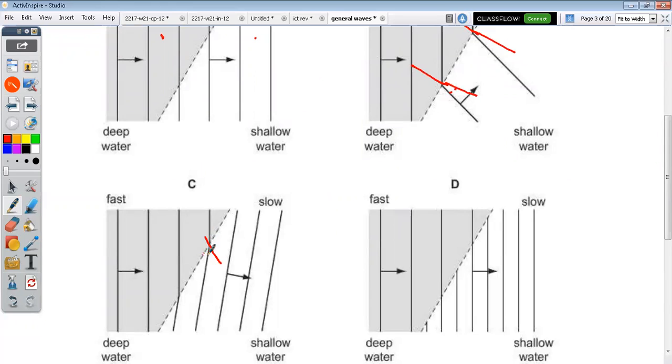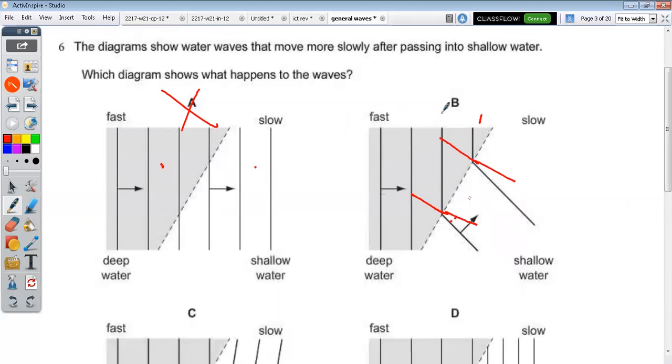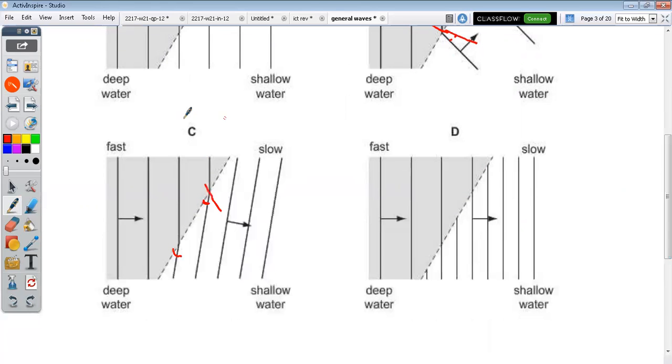This happens if I'm moving from slow to what? To fast. Because then the angle of refraction is a greater angle than this angle. Are we together? Is that making sense? So the answer is C here, because I'm moving into a slow medium.